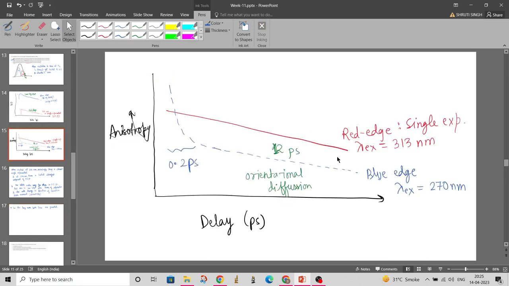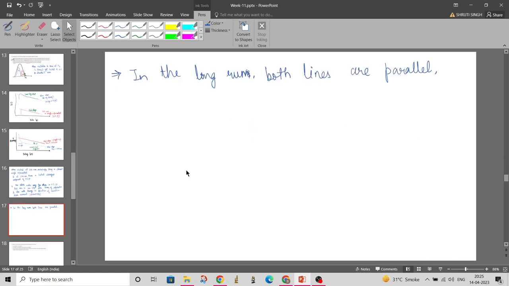In the longer time scale, these two lines are parallel, which is due to the rotation. But in short time excited state process is happening.